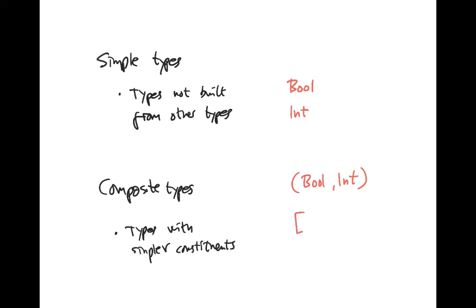Another example is char list, list of characters. So here we see that the constituent of char list is char, and here the constituents of bool, int are bool and int. So those are simple types.